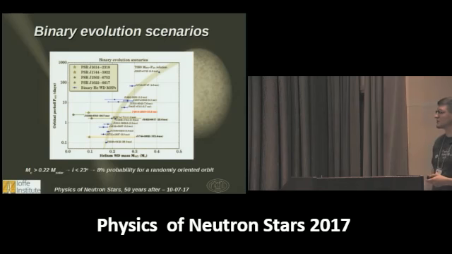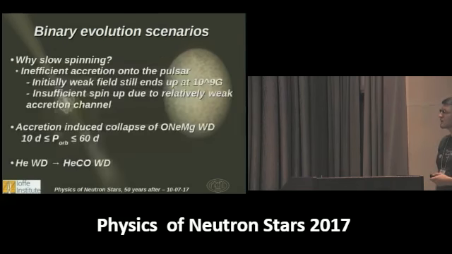In this case, one more puzzle is why there is a relatively long spin period, because if the pulsar binary undergoes a period of mass accretion, the magnetic field should inhibit the process of accretion so that the pulsar cannot be easily spun up.